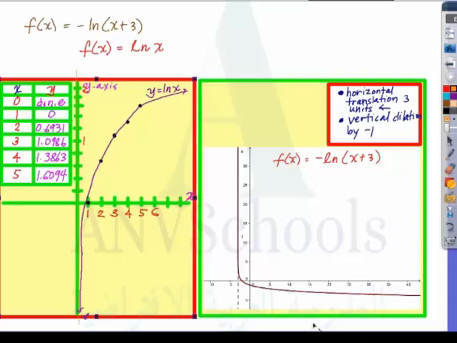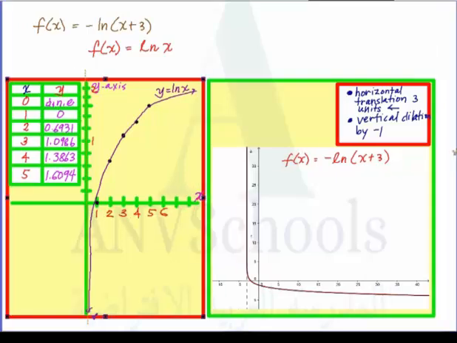And in here, since we reflected it across the x-axis, then this asymptote here is x is equal to -3. Okay, since it is translated 3 units left. And of course, the intercept will also change, and this intercept here will be translated 3 units to the left.